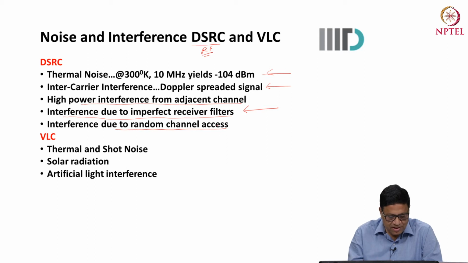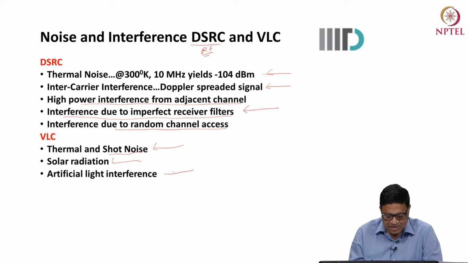In VLC, there is thermal noise and shot noise because this comes from the detection process. And also the shot noise is generated if you have sunlight and other sources of light. It adds to the shot noise. The solar radiation happens to fall in the visible range. So this is also going to contribute to the noise in the system.